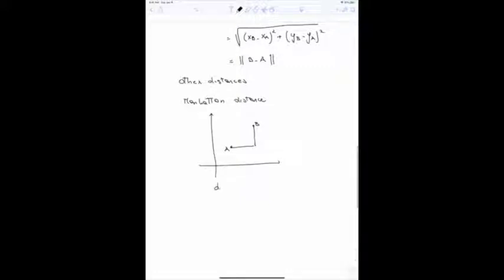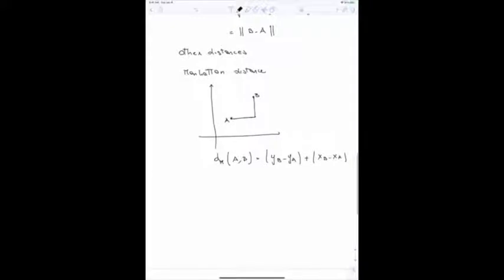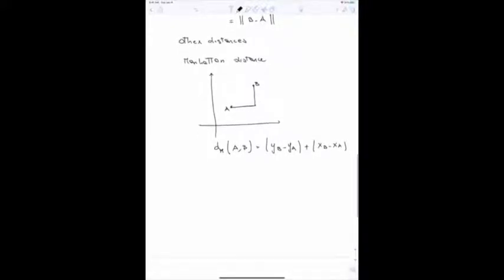So in this case, the distance, I'm going to put an M here to say that it is the Manhattan distance between A and B, is equal to the absolute value of YA minus YB plus the absolute value of XB minus XA. So it's this distance here plus this distance here. So the corresponding norm is actually the norm of x equal to the sum for i that goes from 1 to n of the absolute value of xi.